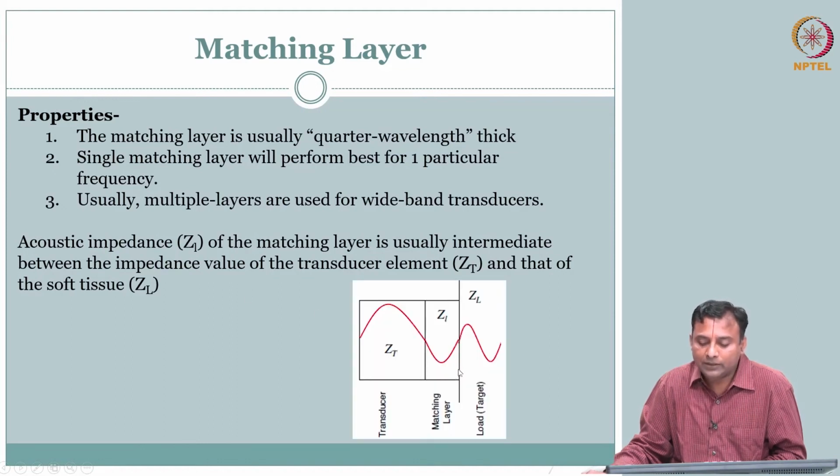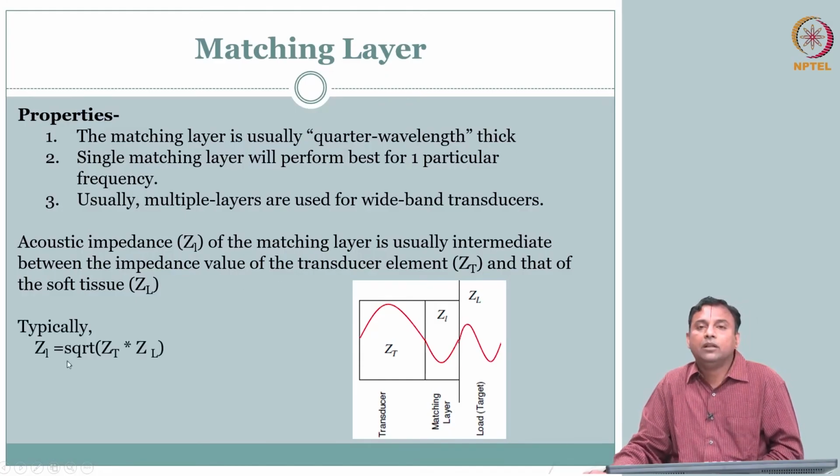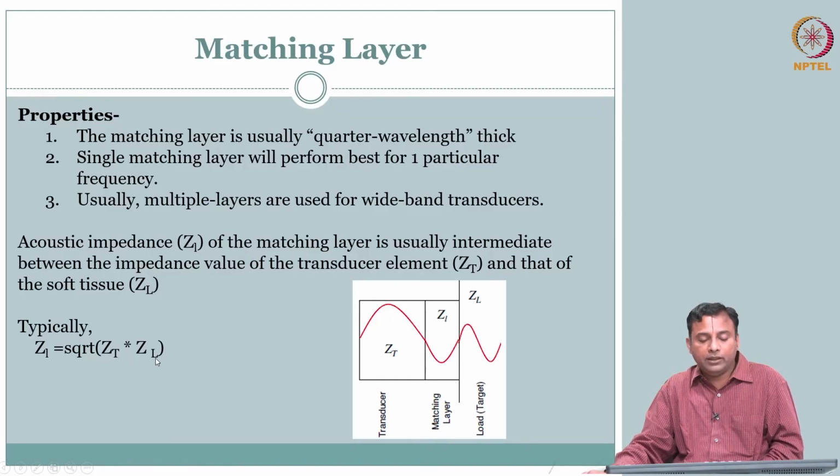You have multiple matching layers, so you match it, and they have some design constraints. So you can get your Z effective to be the square root of the tissue impedance and the layer impedance. Okay. So again, this is engineering the matching layer, which we will go over lightly. We will assume that there is material science, you have to adjust the impedances, and so materials manufacturing has a lot of role in this part of the instrumentation.